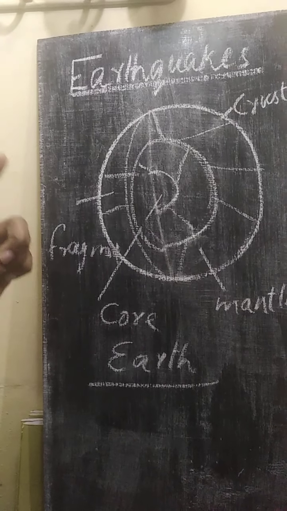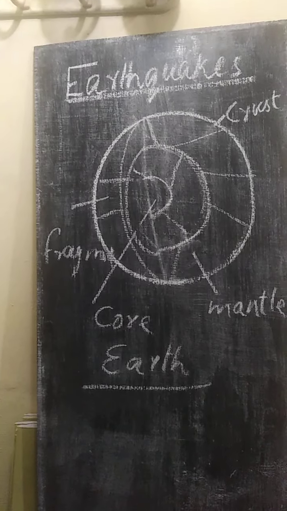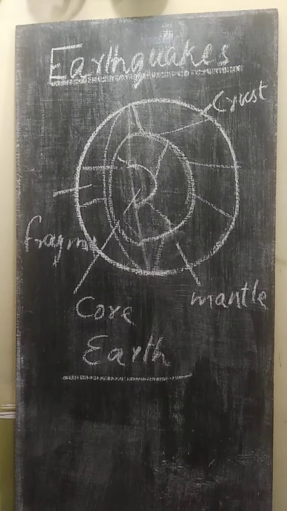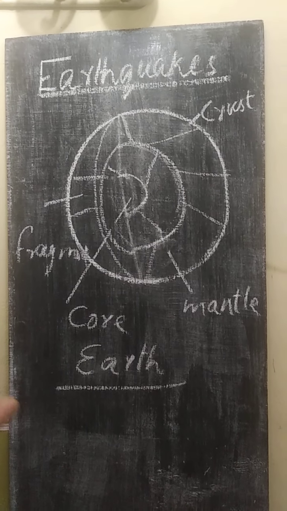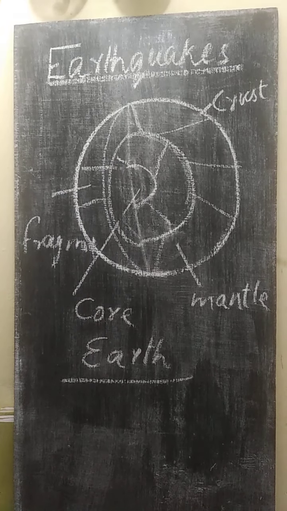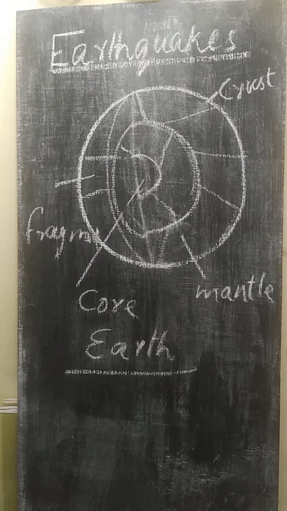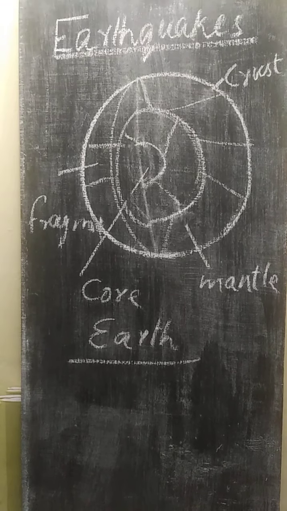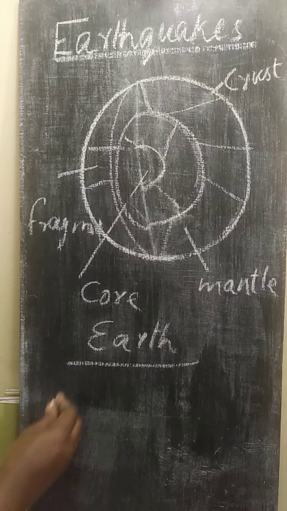The scientists or the meteorological department use a special machine to find out the strength of an earthquake, not its occurrence, but its strength after an earthquake has occurred. That device is called a seismograph.